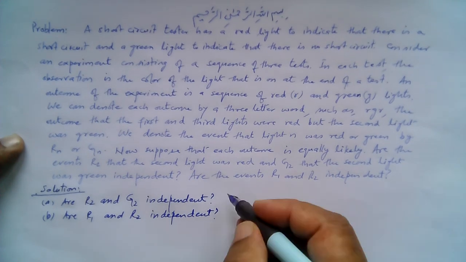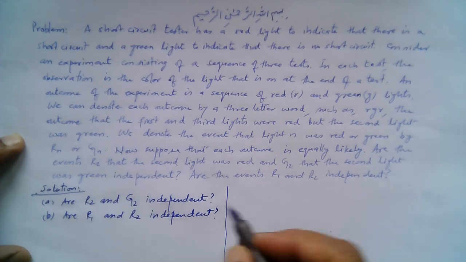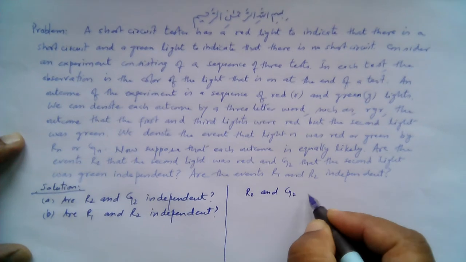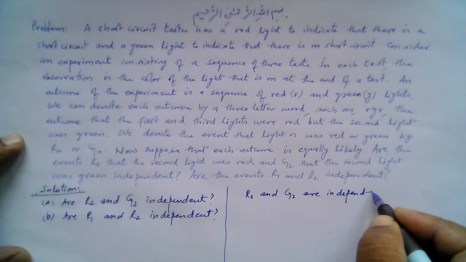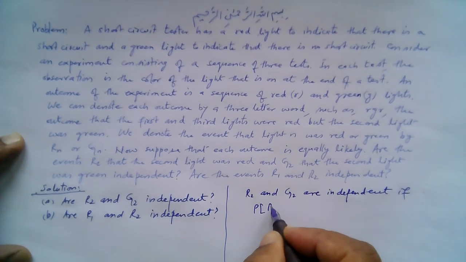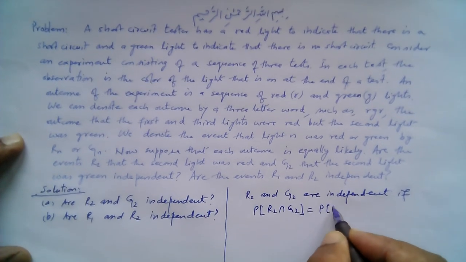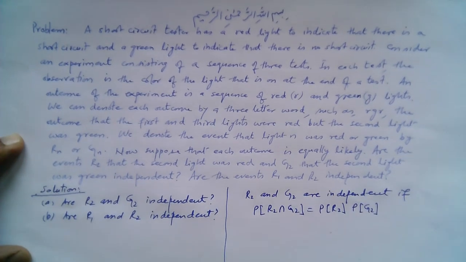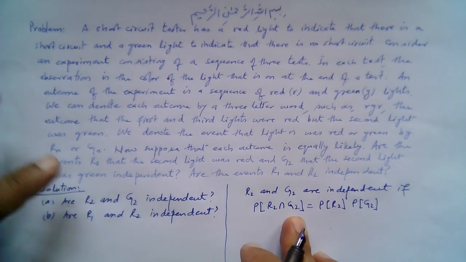So events R2 and G2 are independent if the probability of R2 intersection G2 is equal to the probability of R2 multiplied by the probability of G2. If this holds, then the events R2 and G2 are independent, right?